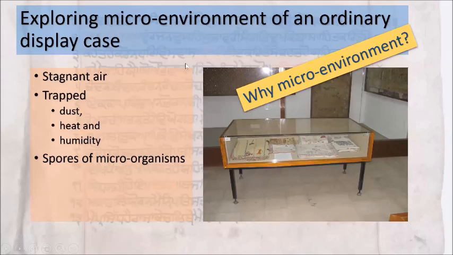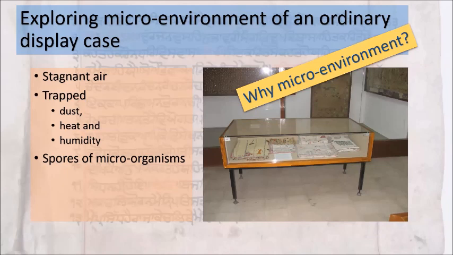Now, exploring the microenvironment of some ordinary display case, let's see this picture, where a very ordinary kind of display case is shown, and we'll try to understand why we need to talk about microenvironment.